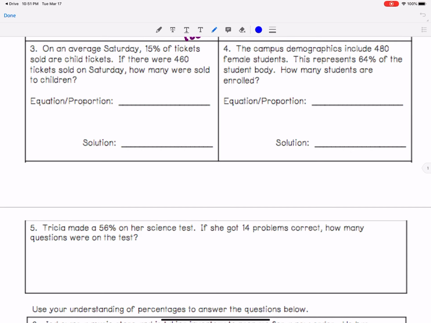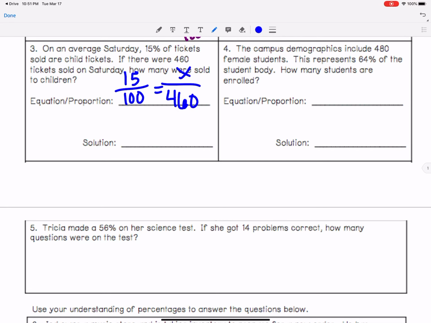They're already telling us that on an average Saturday, 15% of the tickets sold are children's tickets. Well, percentages are always out of 100. And if 15% were sold, I'm going to set this up as 15 out of 100. They say there were 460 tickets sold on Saturday.